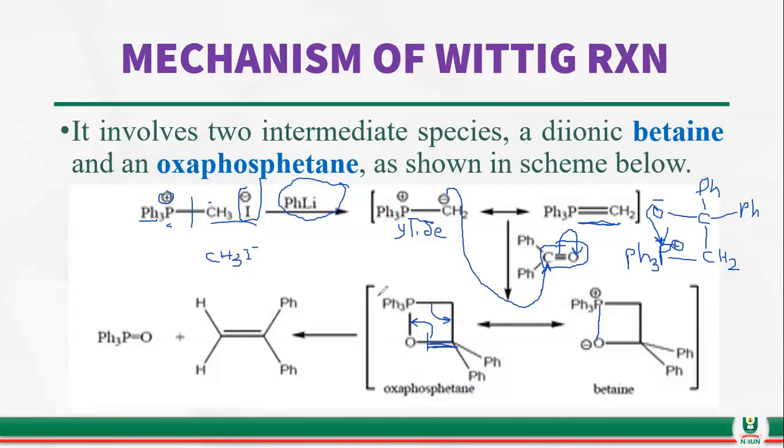So you end up having Ph3P double bond O. That's the side product. Now, what you will have here is a double bond on the carbon that has 2 phenyl groups. Of course, you remember that the carbon up there is CH2, so here is hydrogen, here is hydrogen.